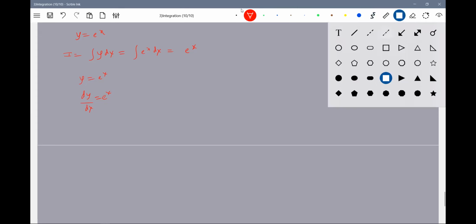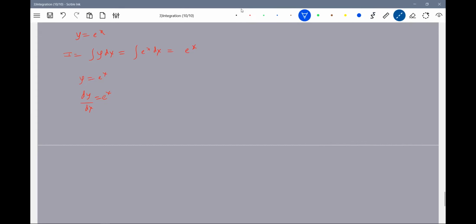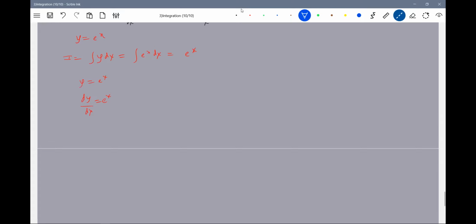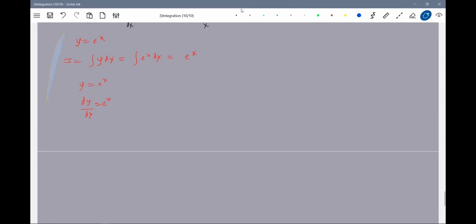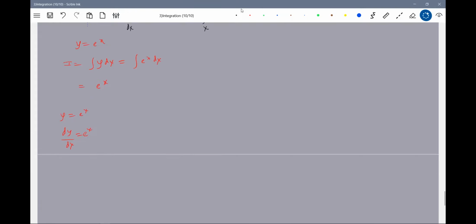So here the meaning of this is, suppose you have a curve y equal to e to the power of x, which is exponential.